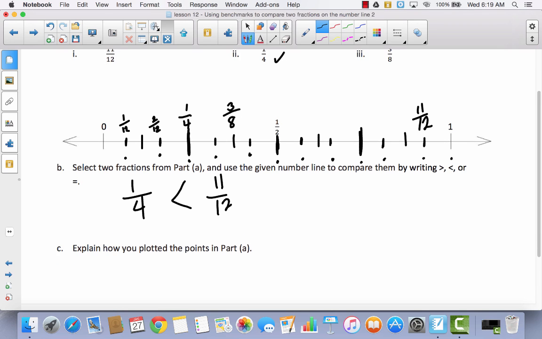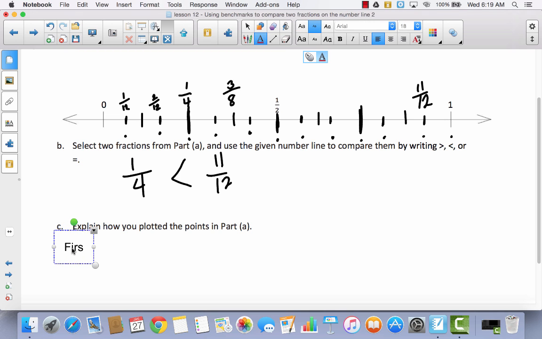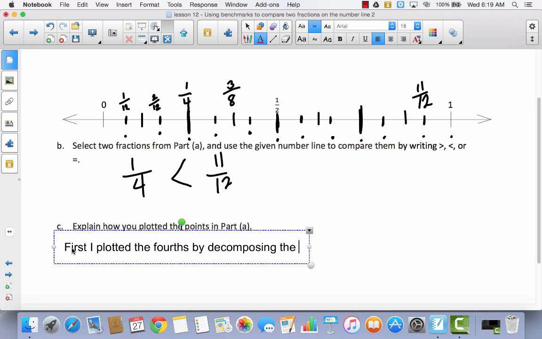Well, that could get really lengthy, couldn't it, if we went through every single thing that we just did. So let's start with our strategy here. First I plotted the fourths by decomposing the halves into fourths.